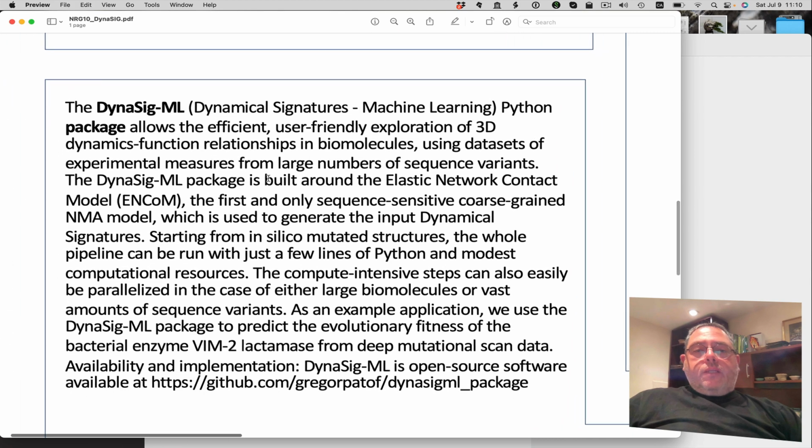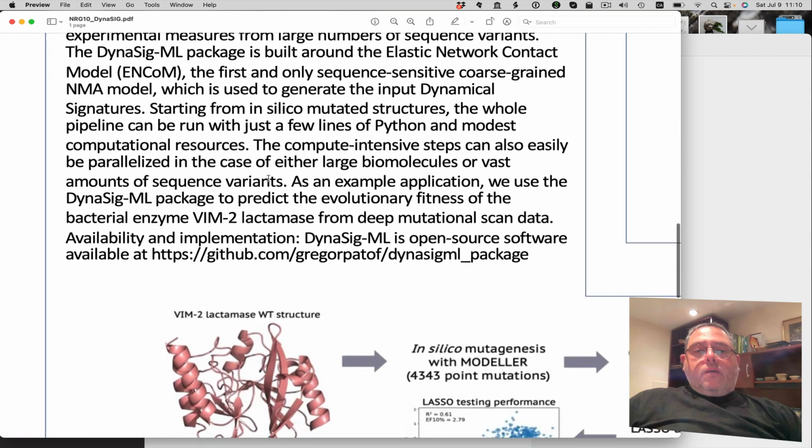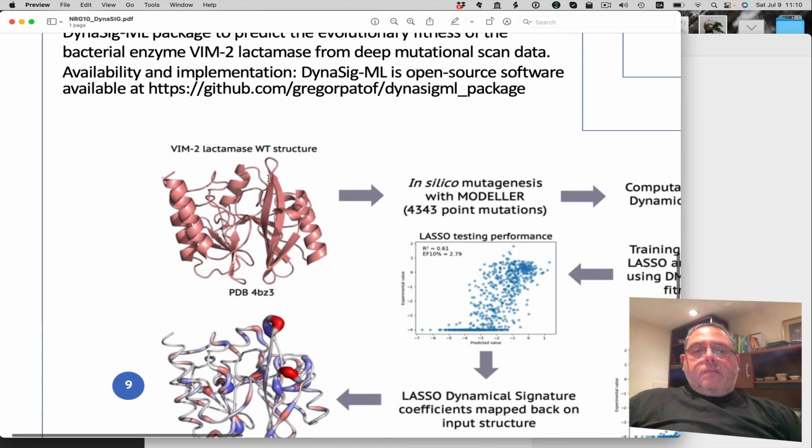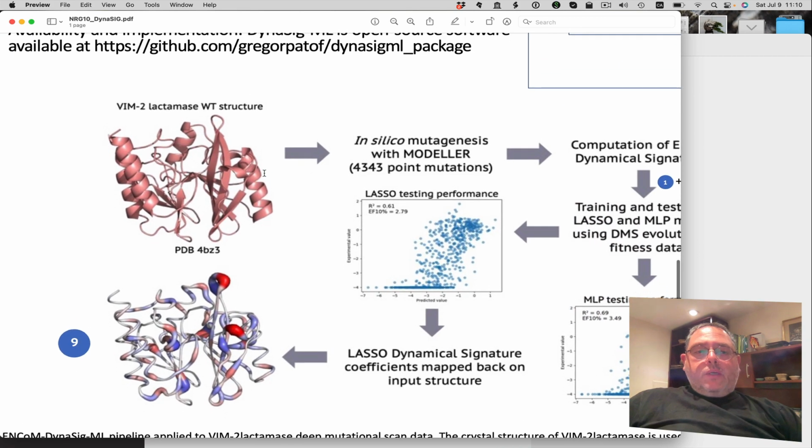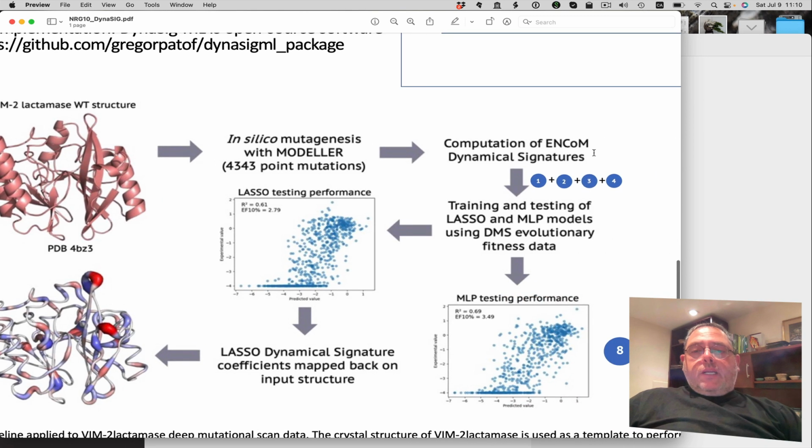When you use the NRGTEN package with NCOM, which is sequence sensitive as opposed to the other elastic networks, you can, for example, start with a protein structure, perform in silico mutations, and compute the dynamical signatures.